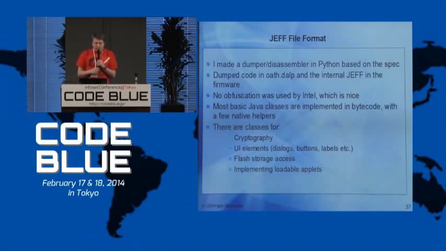So this was nice. Most of the Java is implemented in this same bytecode, and some native functions. It provides classes for cryptography, for UI elements, for accessing the flash, and so on.